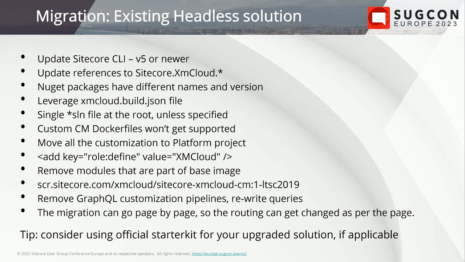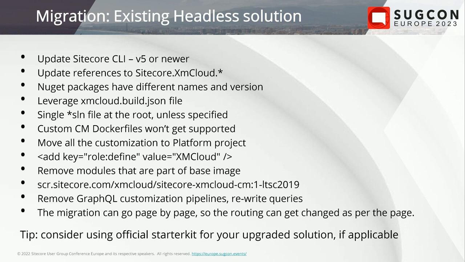You need to remove modules that are now part of the base image, namely Sitecore PowerShell Extension and SXA. The image naming is also different now, so it's sitecore-xmcloud-cm with the appropriate tag. You need to remove GraphQL customization pipelines if you had them before on your content deliveries, because we now don't have content delivery.